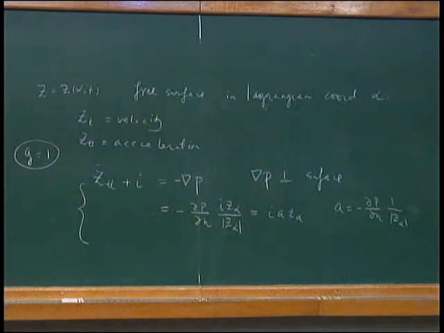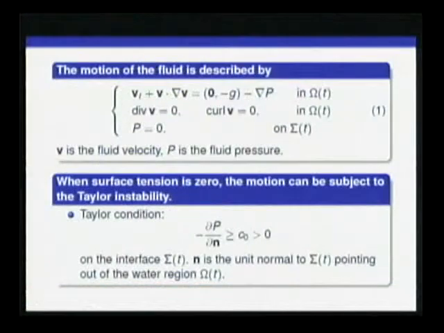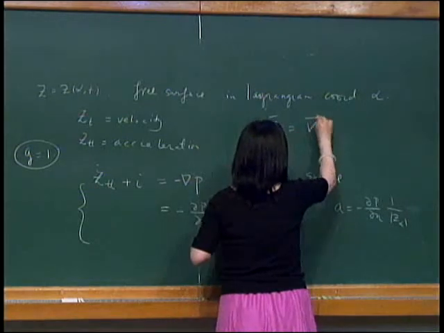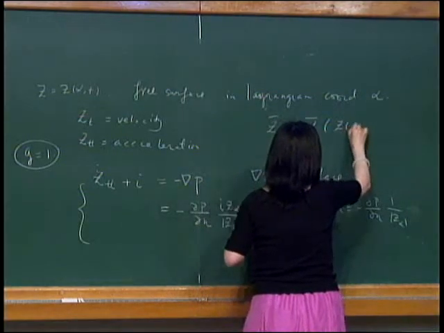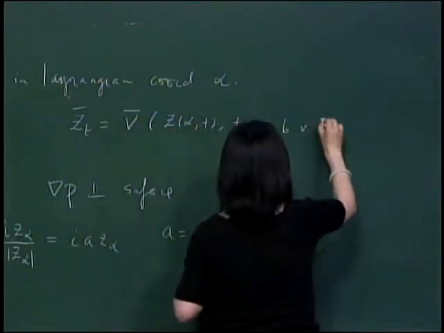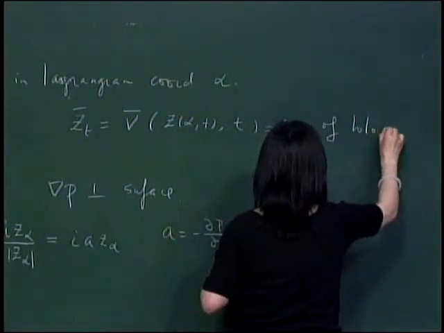And now let me write down the equation for the velocity, right? We didn't use divergence zero, curl equals zero. So divergence zero and curl zero mean the velocity bar is a holomorphic function. It satisfies the Cauchy-Riemann equation. So that means Z_t bar, the velocity bar evaluated along the free surface, is a boundary value of a holomorphic function.